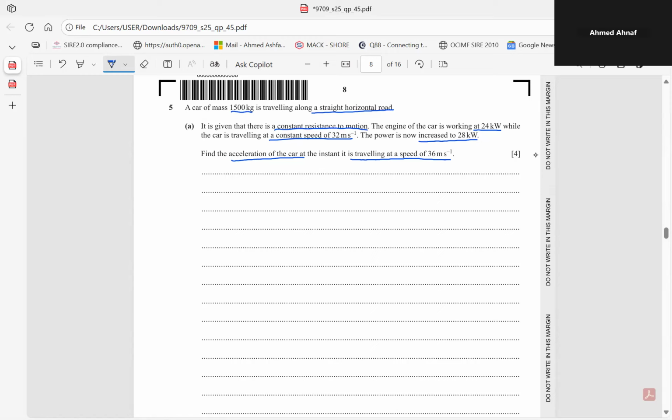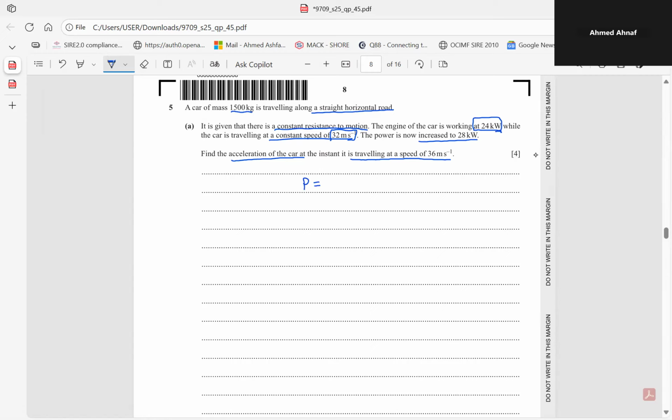All right, so to do this, we're first going to find the resistive force. So to do that, we should know that when the car is traveling at this constant speed, both the driving force and the resistive force are in equilibrium, so they're both equal to each other. So to find that, we just have to find the force exerted by the car while it was working at 24 kilowatts and traveling at 32 meters per second.